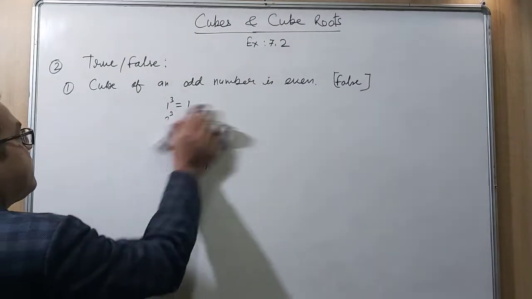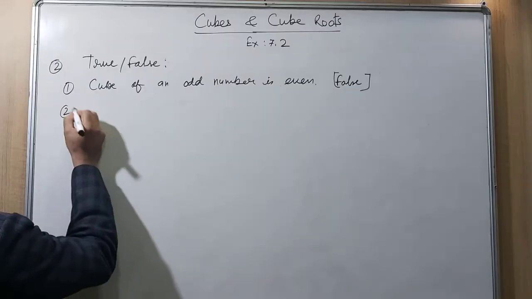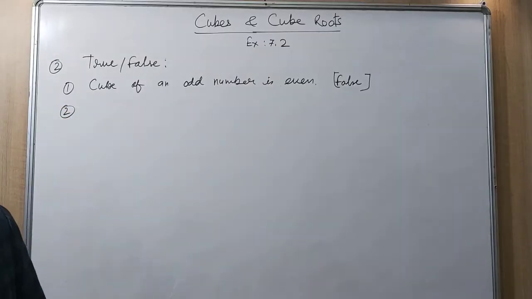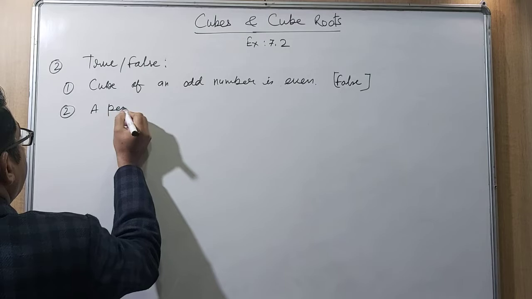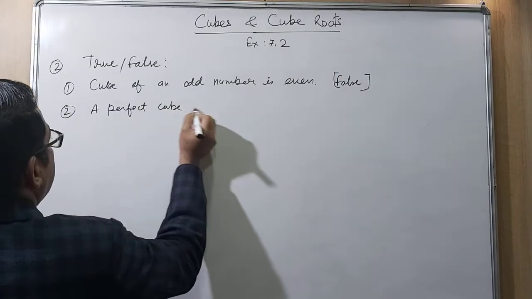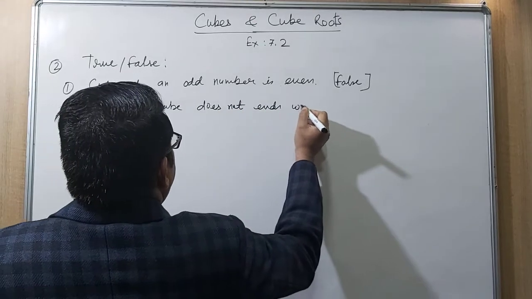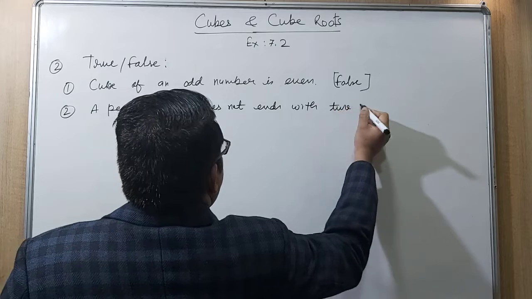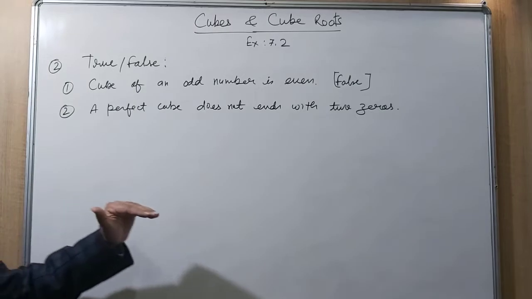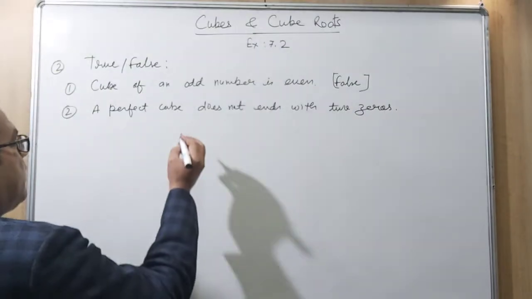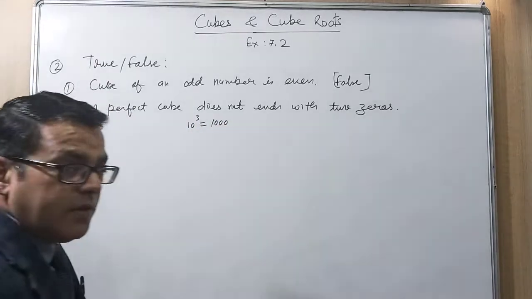Now let's start the second part. The second part is: a perfect cube does not end with two zeros. See, the cube of 10, we know, is 1000, right?